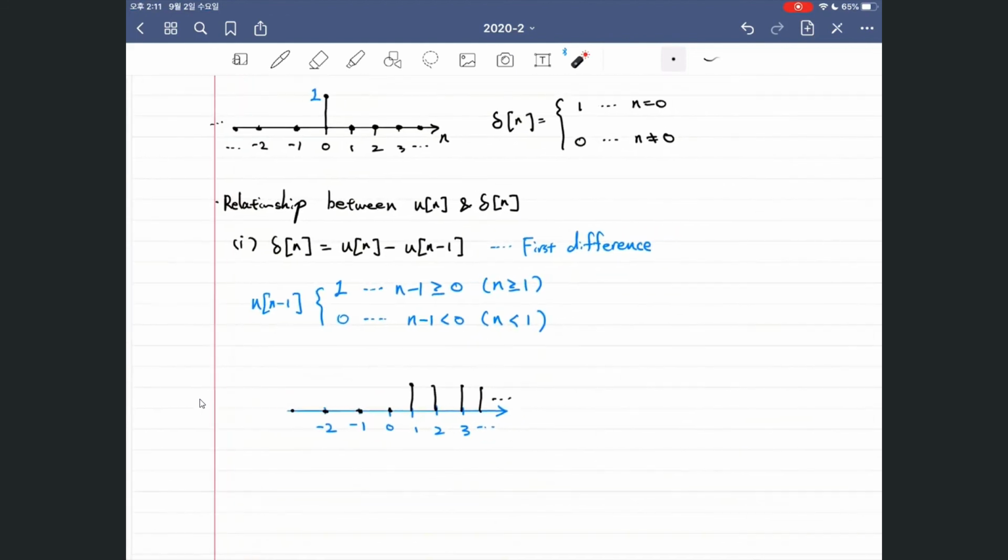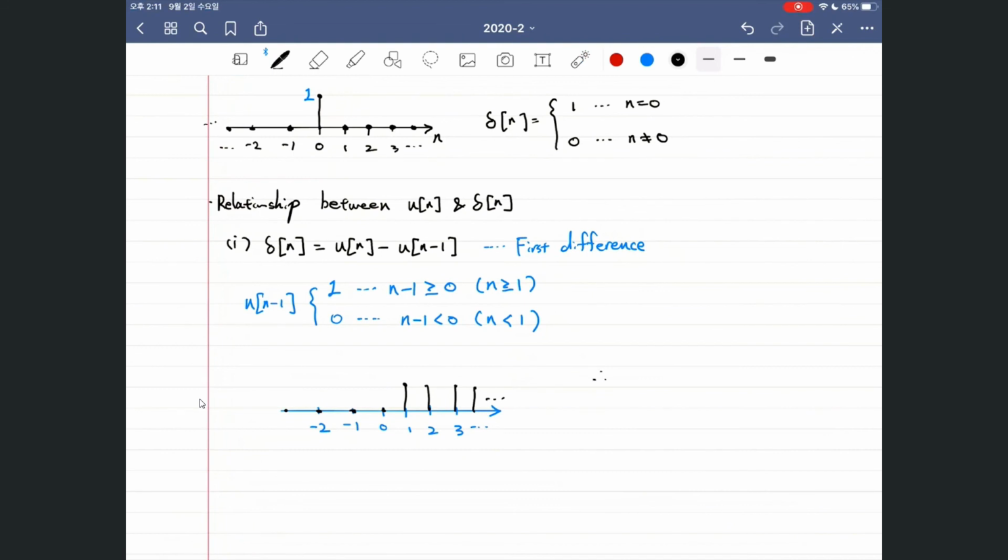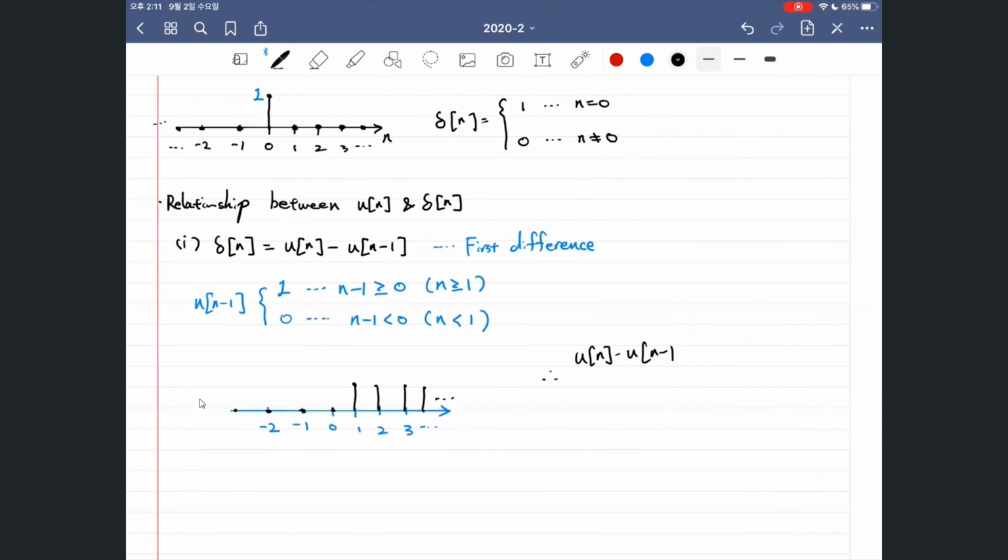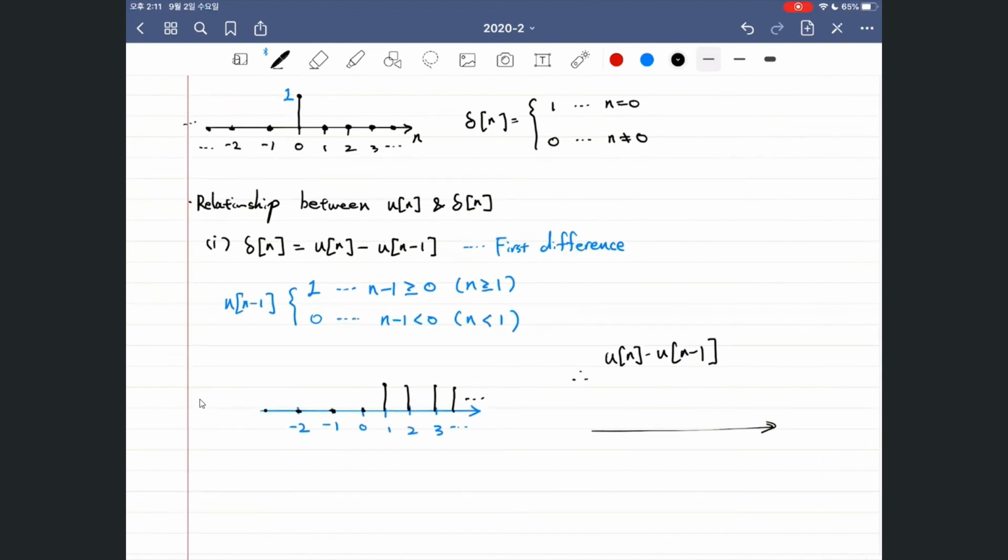Therefore, if you plot the result of this difference, you get the value 1 at n equals 0, and zeros at the others, which is delta[n]. Okay? So the first difference equation can be proved by examining the graphs of the discrete time functions, and you just subtract them.